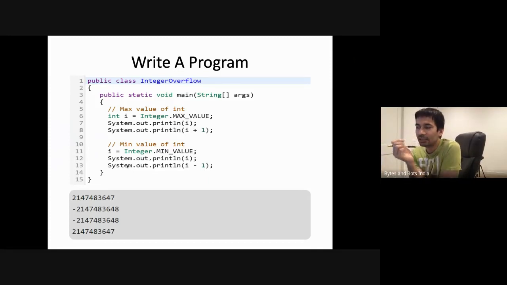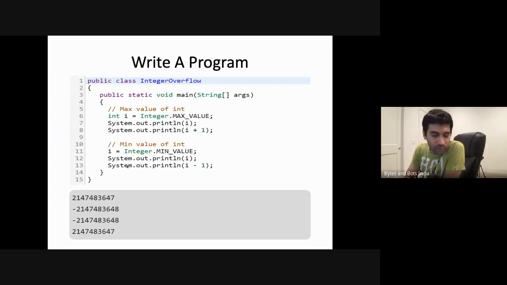The reason is because the integer range, if you look at it, is a 32-bit number. Now in those 32 bits, the last bit is reserved for sign, which means whether the number is positive or negative, right?